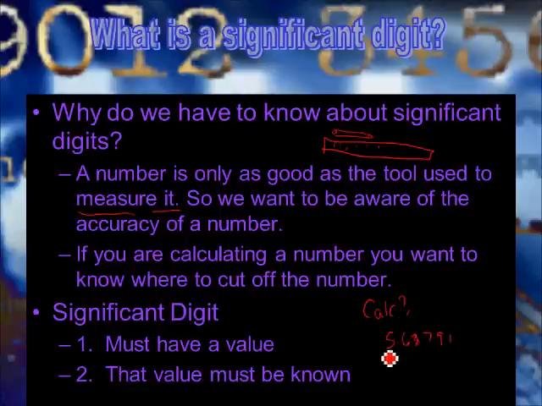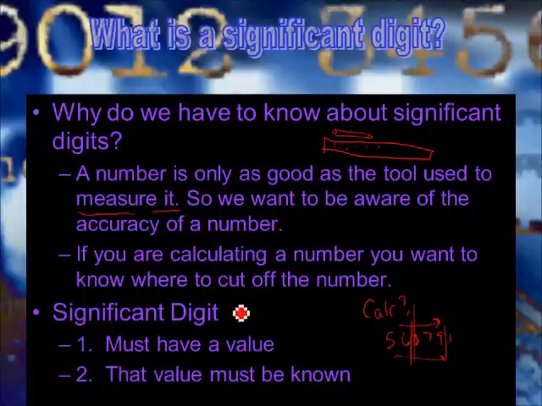Where does this number just get chopped off legitimately? It's based off the accuracy of your tool. If your tool can only measure this far, then taking that number and multiplying, dividing, whatever, should not allow you to gain accuracy, and therefore the number should always be cut off after the 10th place and whatnot. So again, the overall goal here is when we're measuring, where do we cut off a value?